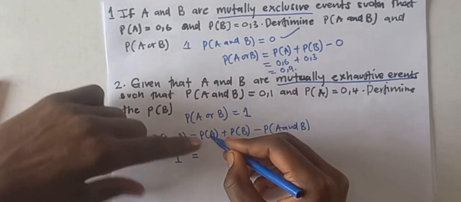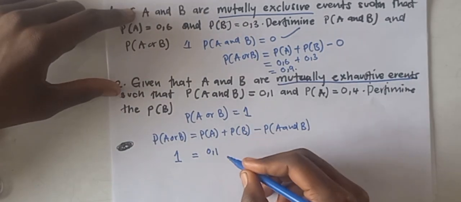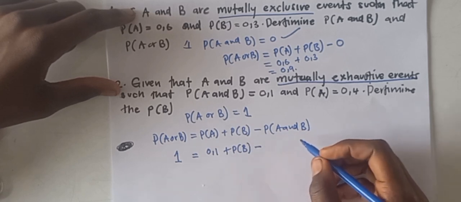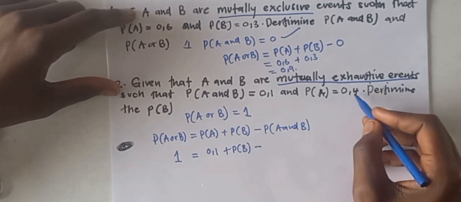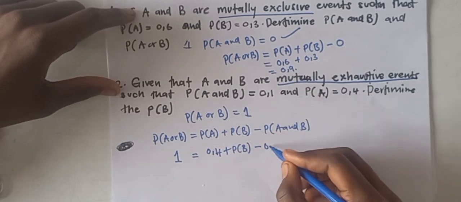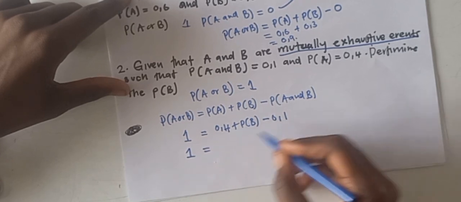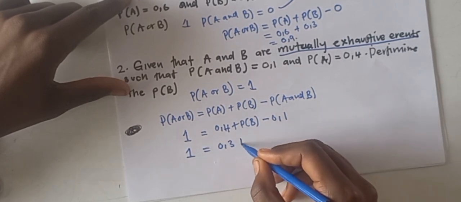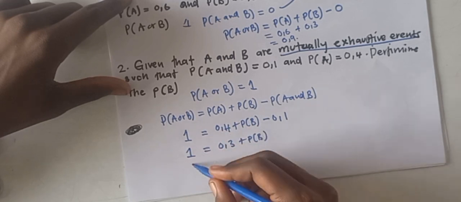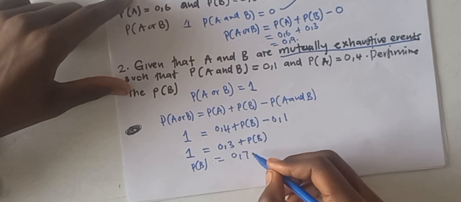The probability of A is 0.4 actually, and the probability of A and B is 0.1. So 1 equals 0.3 plus the probability of B. From here we can take this to the other side, and the probability of B is going to be equal to 0.7.